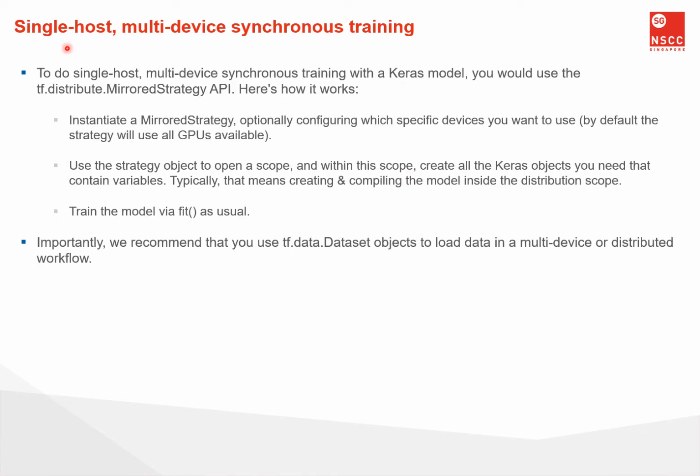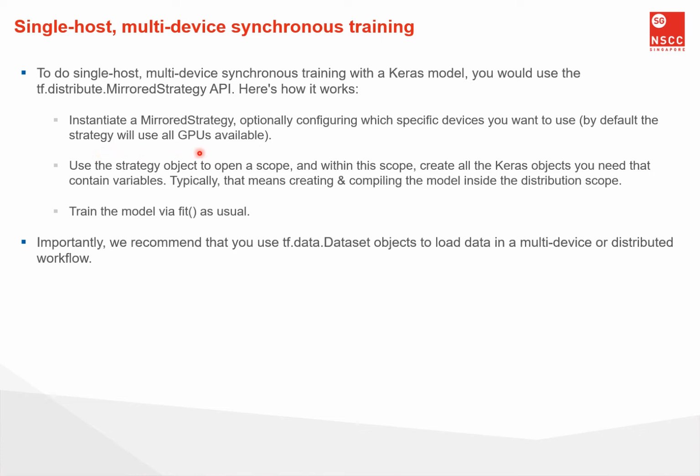So in terms of the code, this is how you do this. To do a single host multi-device or synchronous training, or multi-GPU synchronous training, with the Keras model, you would use the TF Distribute MirroredStrategy API. And here's how it works. You initiate the mirrored strategy, optionally configuring for the specific devices you want to use. By default, you would use all GPUs available.